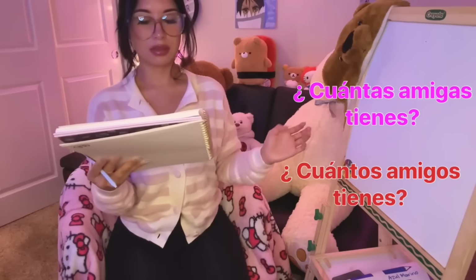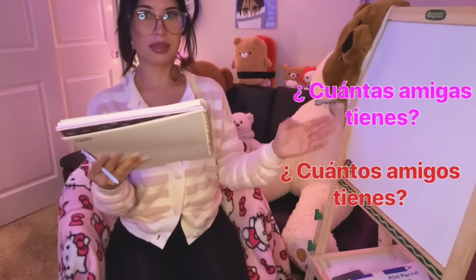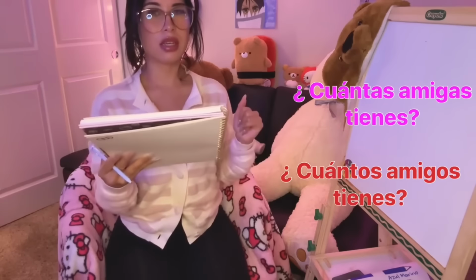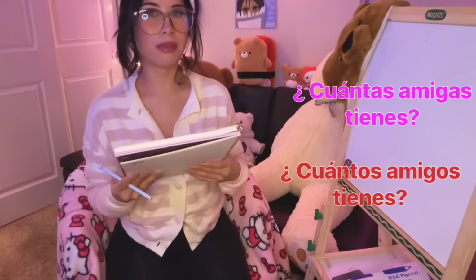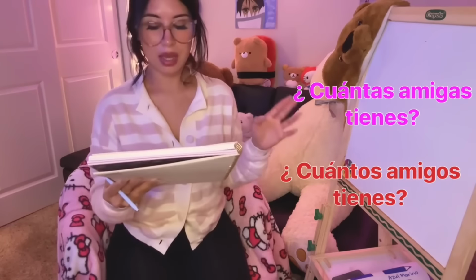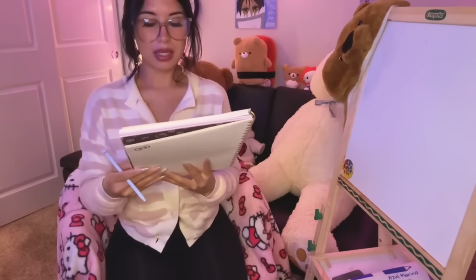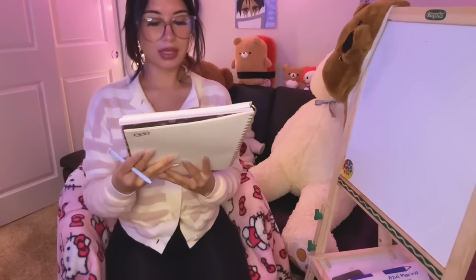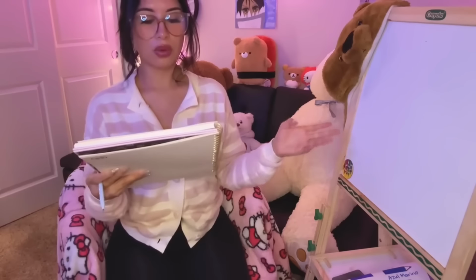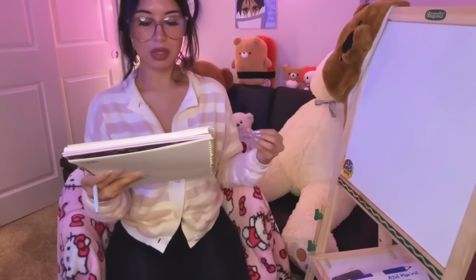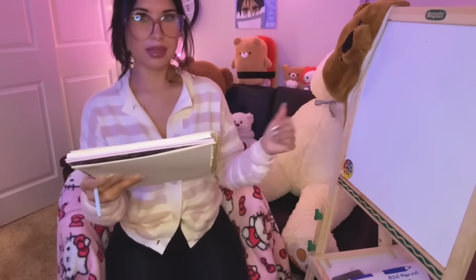The os and as makes it masculine and feminine. It looks pretty when you spell it out. You can pinpoint which one is going to be masculine or feminine. And of course, for uncountable things, you would use cuánto, cuánta, and then for countable things, cuántos, cuántas. Does that make sense?